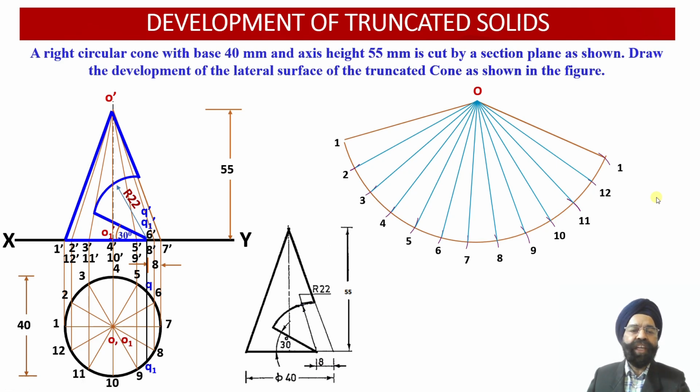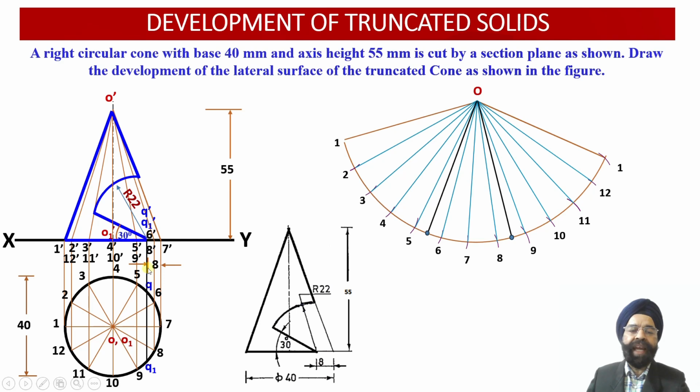Now let us evaluate different points of intersection which are going to lie alongside this inclined straight line cutting plane and alongside this circular sectional plane over here. So let us start with first 2 points over here, that is Q' and Q1'. We know that Q' and Q1' happen to be the points of intersection of the straight line cutting plane with the base of the solid.